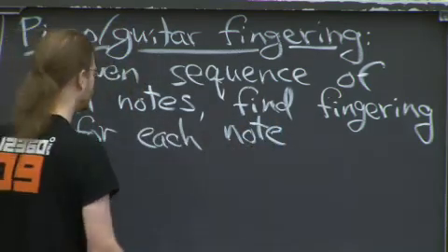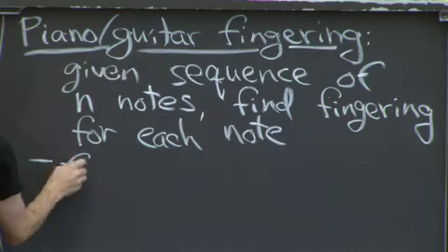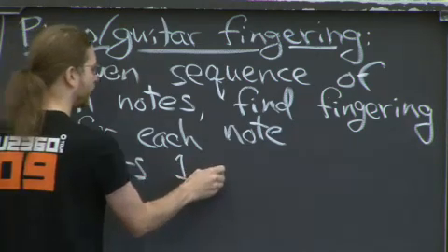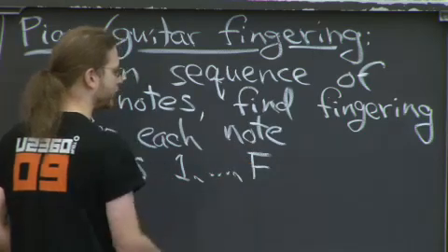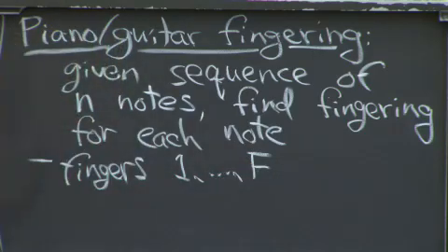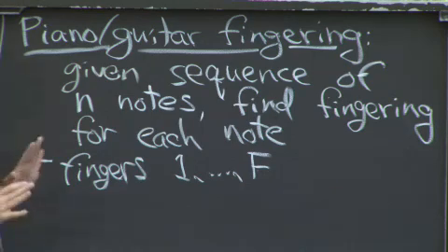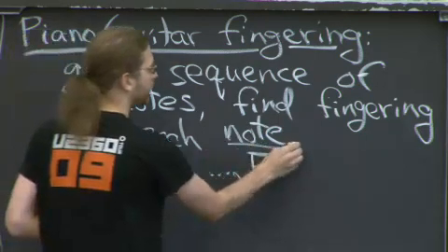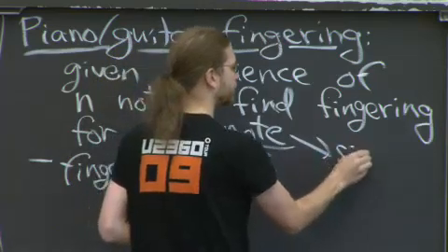So let's say I'm going to label the fingers on your hand, 1 up to F. For humans, F is 5 or 10, depending if you're doing one-hand or two-hand stuff. To keep it simple, let's think about piano, right hand only, and you're playing one note at a time. We're going to make it more complicated later, but let's just think of a note as being a single note.